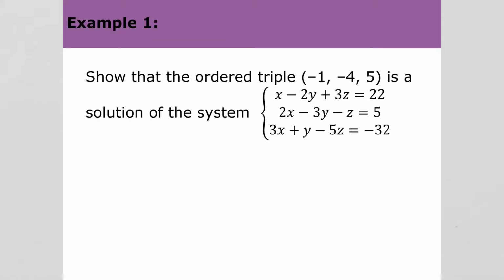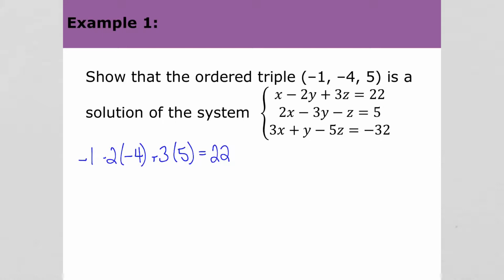So, first of all, show that this ordered pair is a solution of the system. This isn't so bad. We're just going to take all 3 equations and plug in the point, just like we did with systems of 2 equations. So for the first one, we have x minus 2 times y plus 3 times z, and we want to know if that's equal to 22.